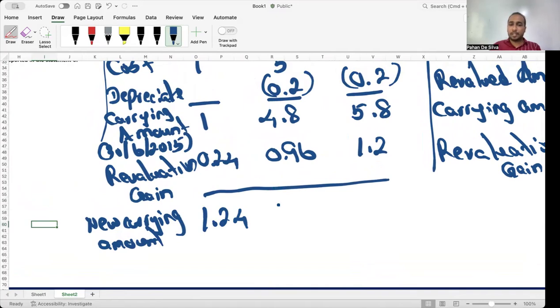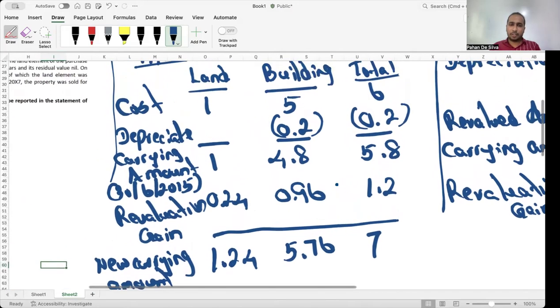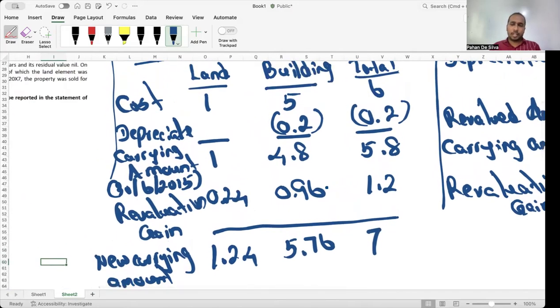Altogether, it is 5.76. If you take the total property, it is 5.8 plus 1.2. The total property carrying amount is 7 million. After the revaluation, our new carrying amount of the property has become the revalued amount. That's what you need to understand. Now we have adjusted this schedule up to the revaluation.